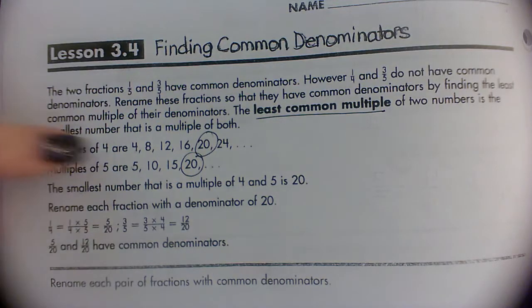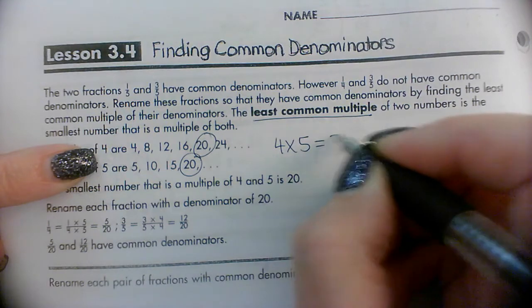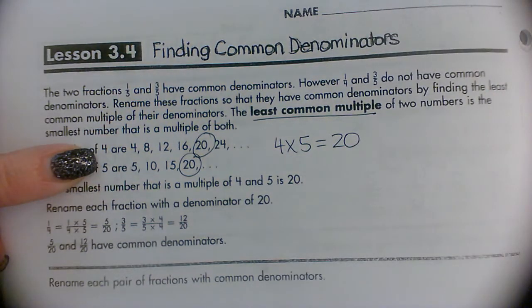Okay? Now, you can get that number easily by going 4 times 5, taking your 2 numbers and multiplying them together. Now, that only works if there's not something that's already in common between them.